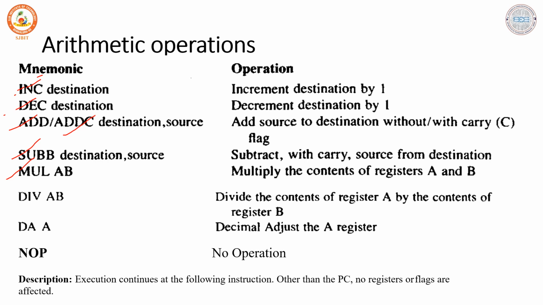MUL is the multiplication instruction which is used to multiply the contents of registers A and B. And we have DIV, a division instruction which is used to divide the contents of A by B register contents. And DA is an instruction used to decimal adjust the accumulator content, so DAA. NOP is to halt the program for a specific amount of time. So no operation. NOP is an instruction which does that operation.